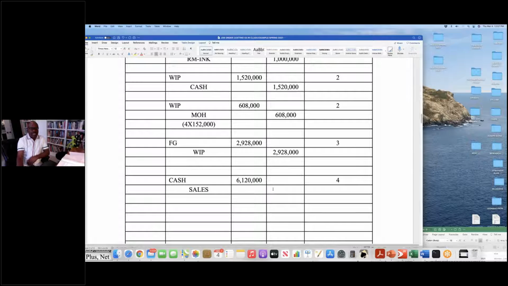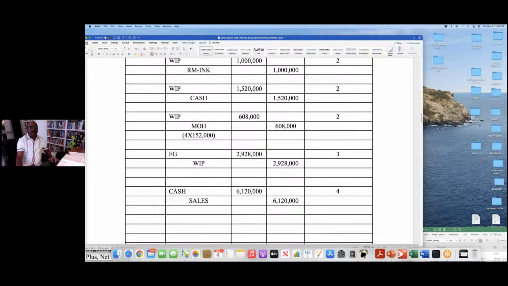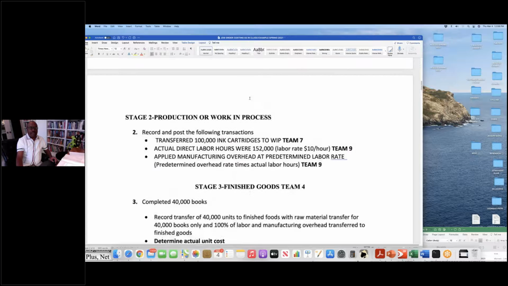Well, tell them how you got 6,120,000. Somebody might not know. So we multiplied the selling price by 3, which gave us 204, and then we multiplied 204 by 30,000. So our selling price is what we determined way back up here.